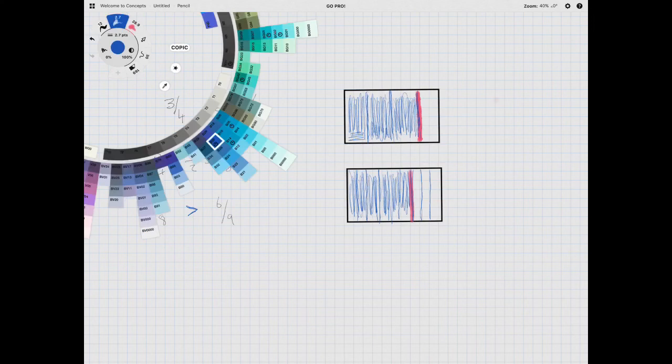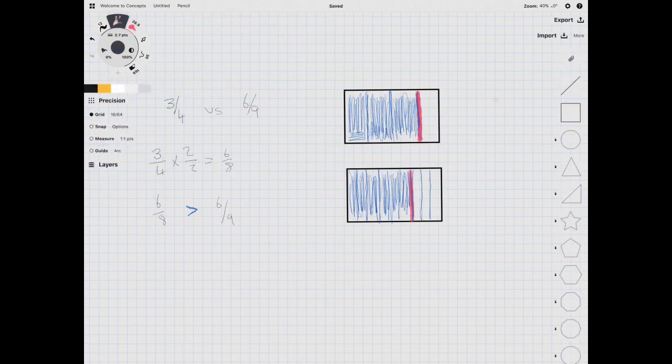We said, okay, I need an equivalent fraction of this. I cut each of these quarters in half, which gave me eighths. I now have 8 separate pieces, and I have 1, 2, 3, 4, 5, 6 of those 8 pieces.